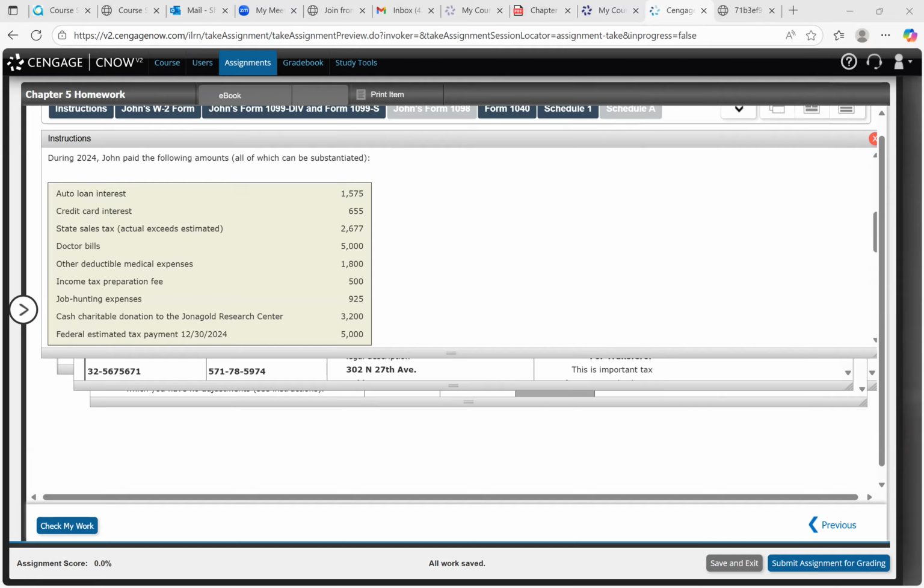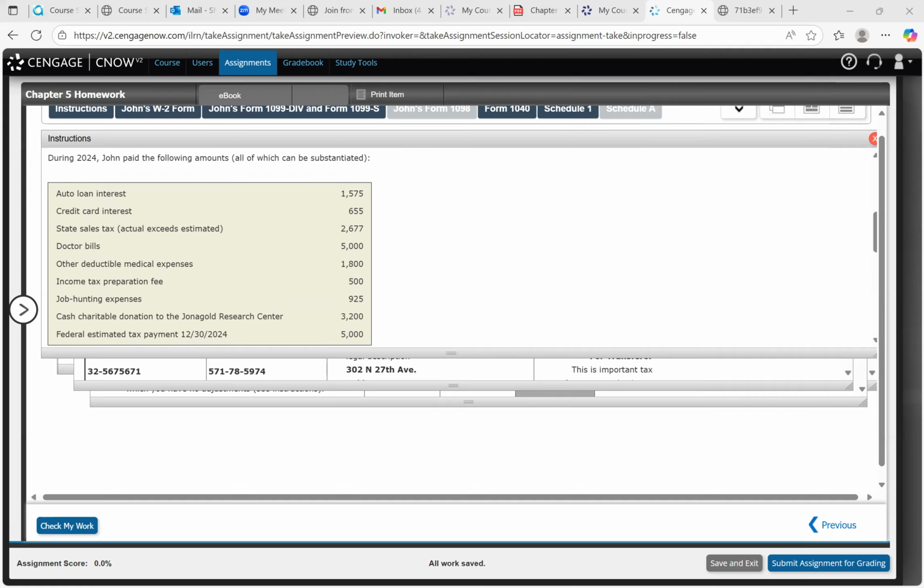Let me see where Schedule A is here, if we even have one here for him. Schedule 1, Schedule A. So we'll show that $6,800 in medical and expenses. Now, once we total 7.5% of the AGI, we'll then know what amount of this would be deductible. But it looks like, based on the form, that we aren't going over 7.5% of his adjusted gross.